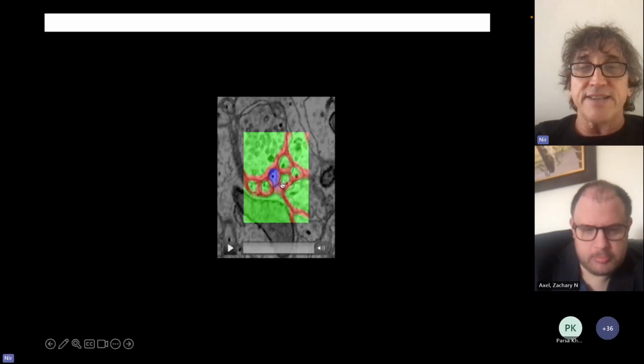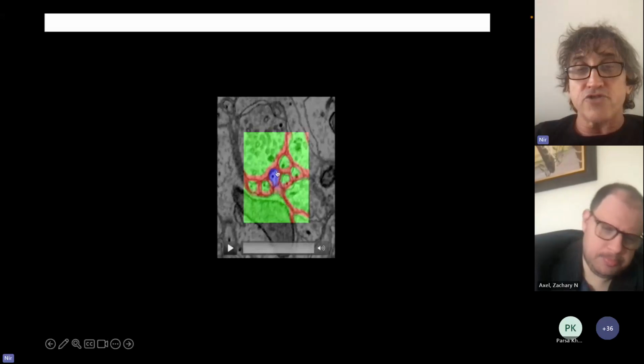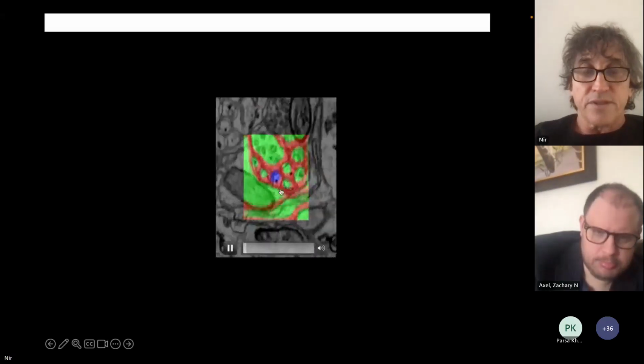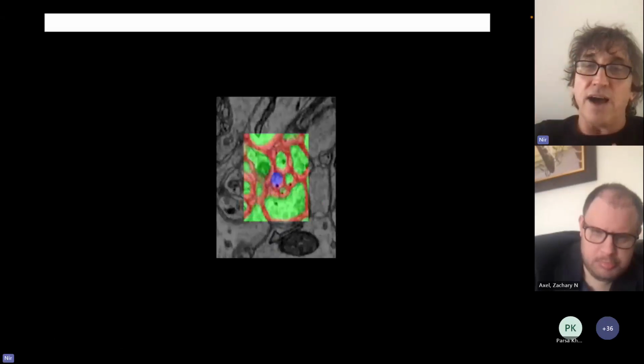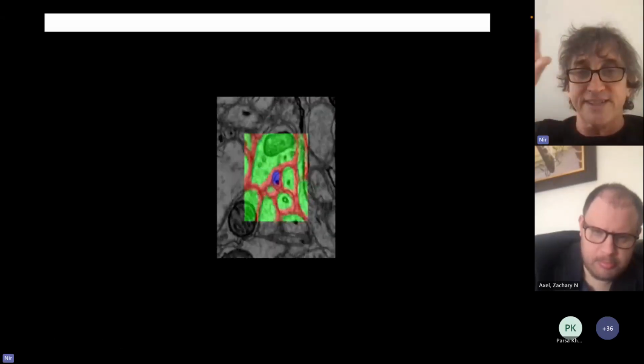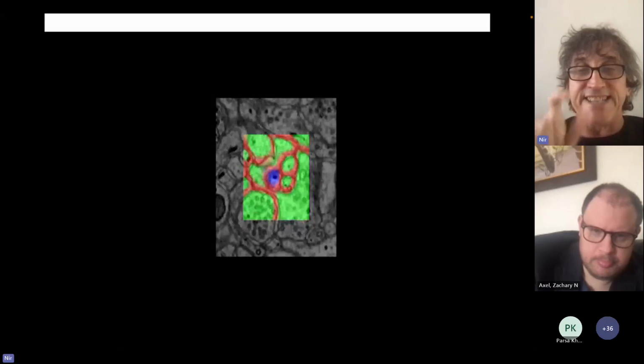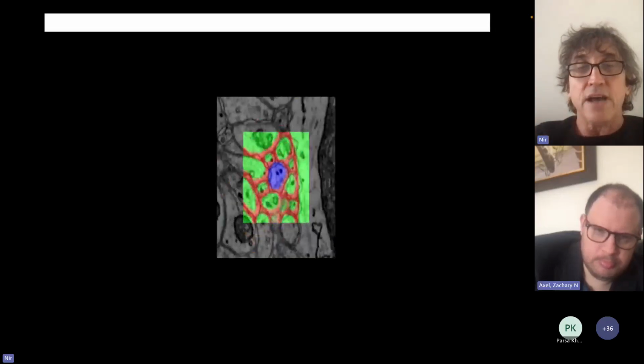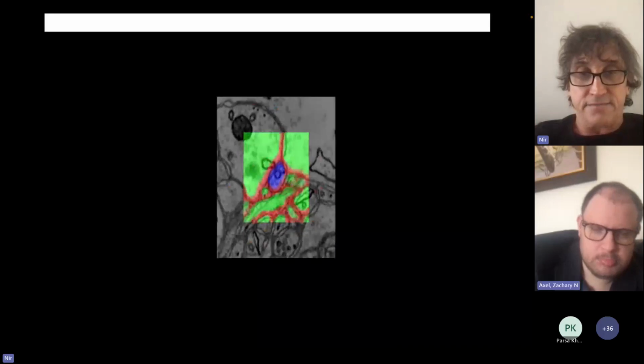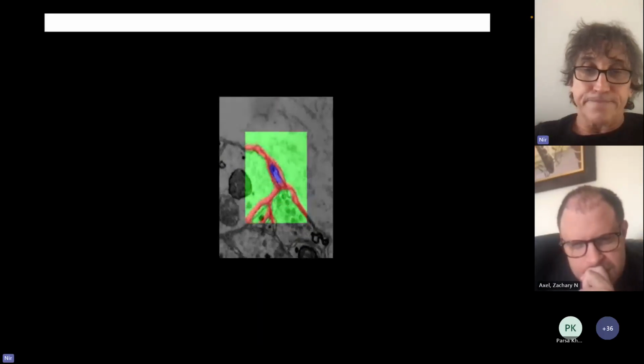What you're going to see here is a video of how we track with machine learning: we identify the boundaries of the neurons, and we can track a single very, very tiny neurite through the volume. So you're seeing the view of the machine learning algorithm as it goes slice after slice through this, all the time keeping track of where that neurite is.